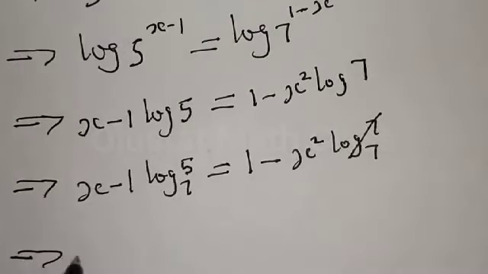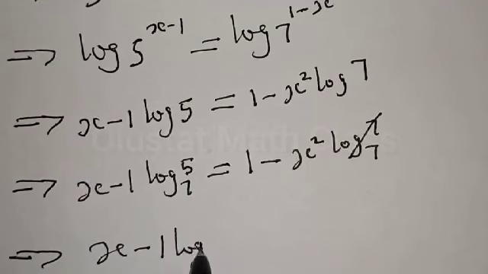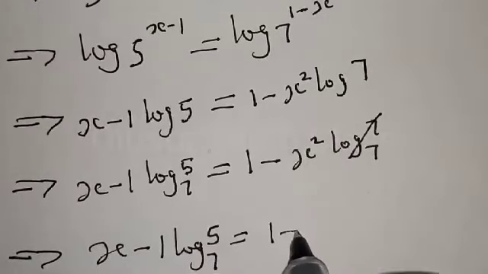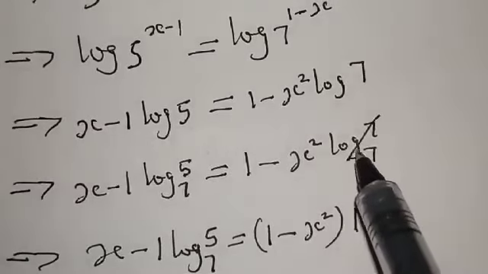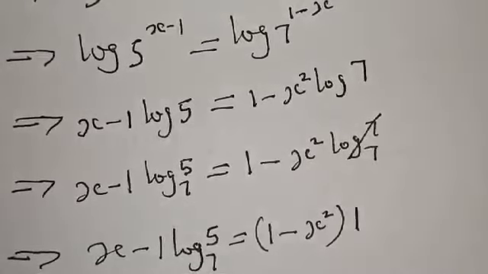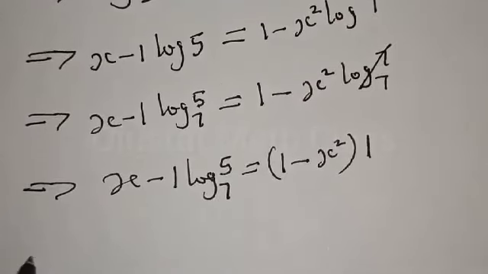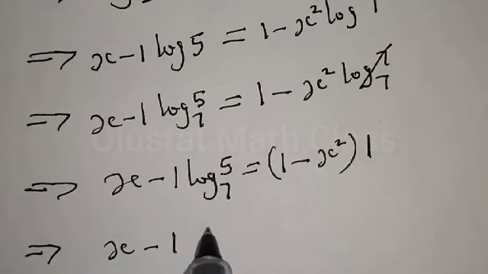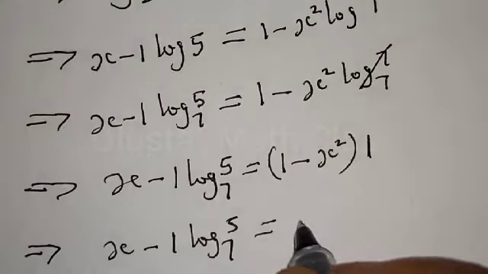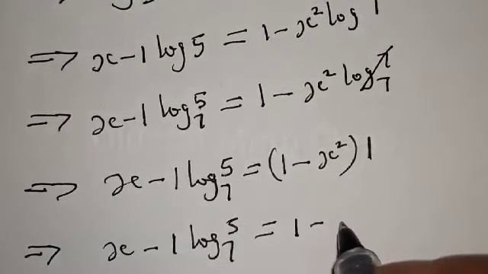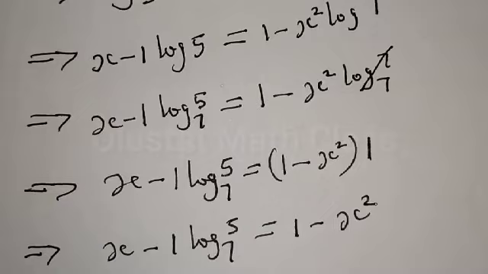This implies that we have x minus 1 log 5 base 7 to be equal to 1 minus x squared into 1, that is, 1 minus x squared.